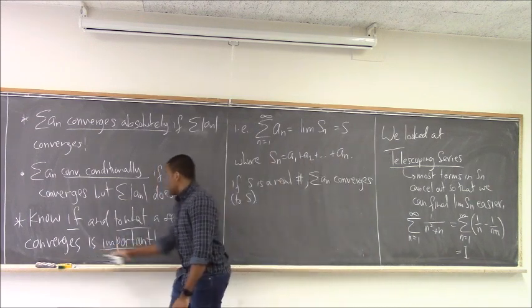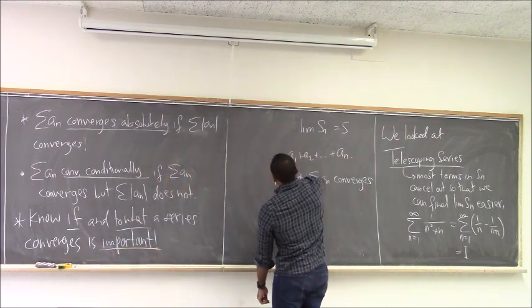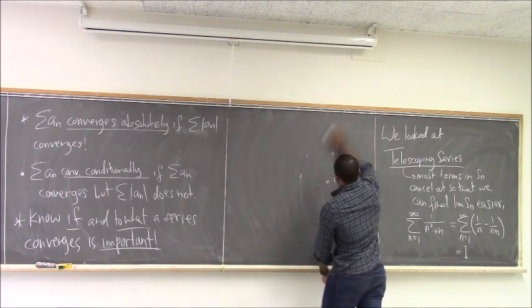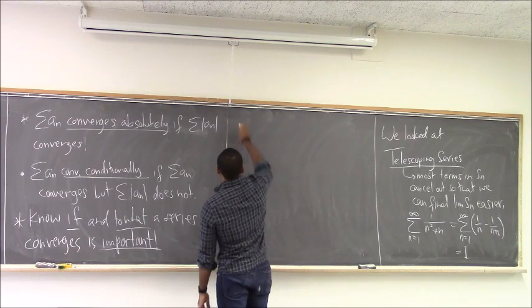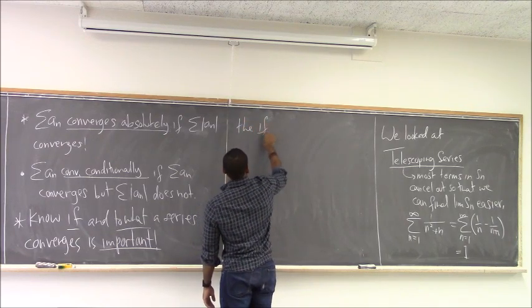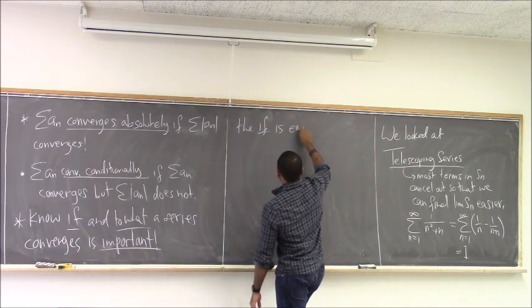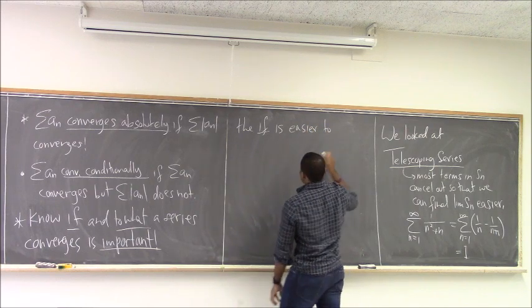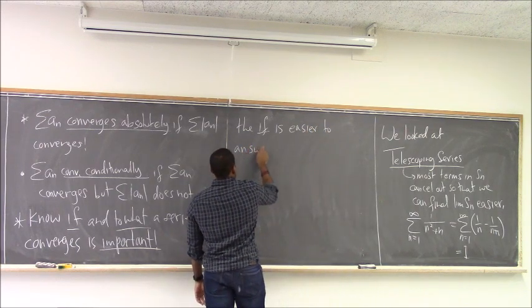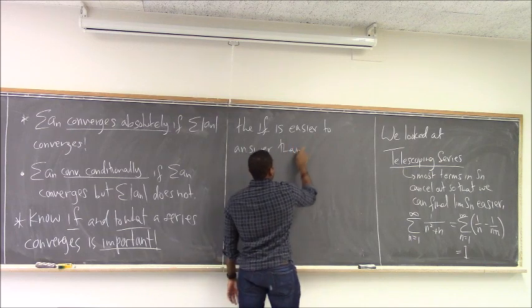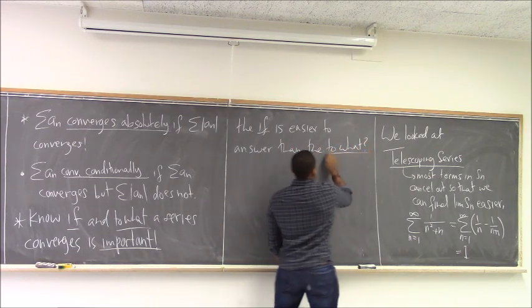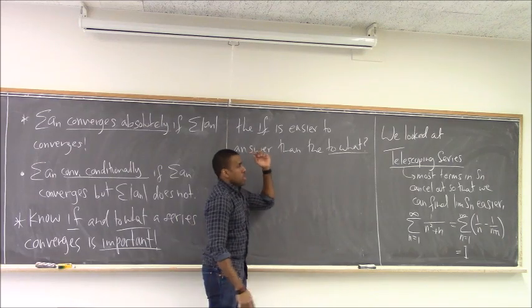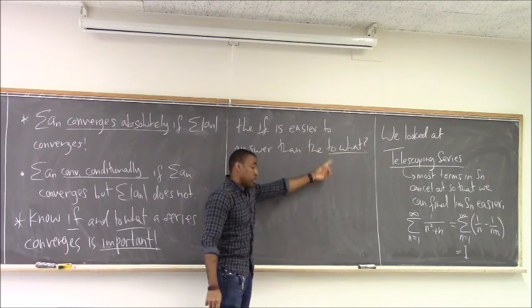Now, the if question is easier to answer than the to what question. Most of the time, the to what question is going to be out of reach for us in Calculus 2.